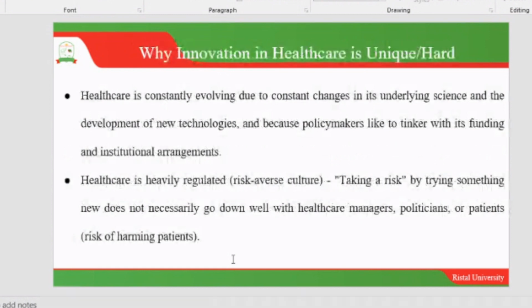So the other point about healthcare being unique is that it is constantly evolving due to constant changes in its underlying science and the development of new technologies, and because policymakers like to tinker with its funding and institutional arrangements.